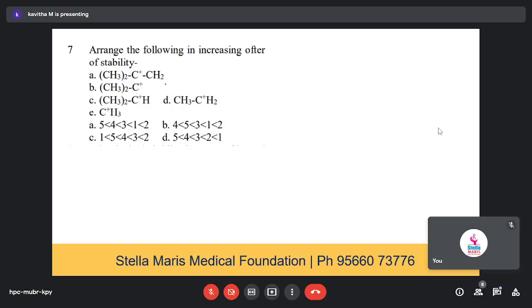Around that we have 3 carbons, 2 methyl groups on the left side and 1 methylene group on the right side. So 3. In the second one 2 methyl groups are there, and in the third one 2 methyl groups and 1 CH are there. And D is an ethyl group with one CH3 group. And in E, you have CH3 with no carbon attached. So which will be the least?